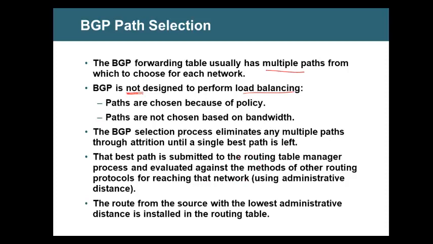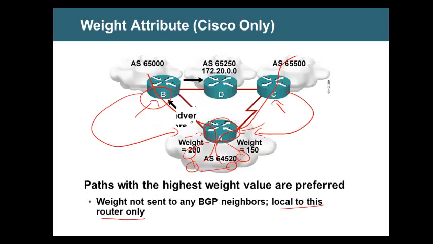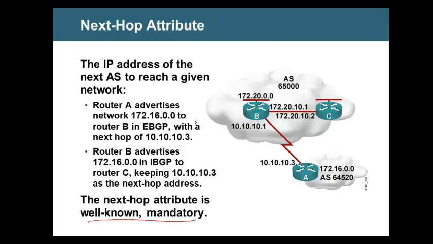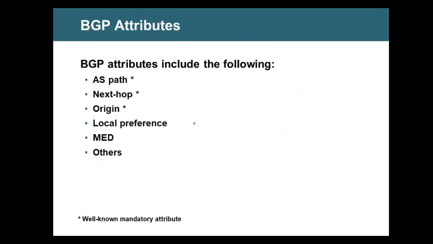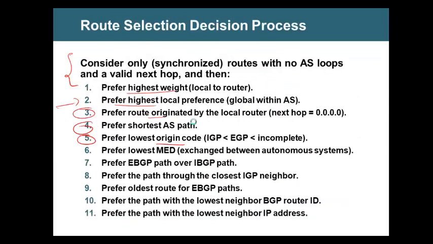At last it will say that neighbor has got a lower neighbor ID, so that is the best path. Even if the router ID is the same, not possible in the real world, it's going to say that neighbor has got a lower IP address. So I'm going to go that way.